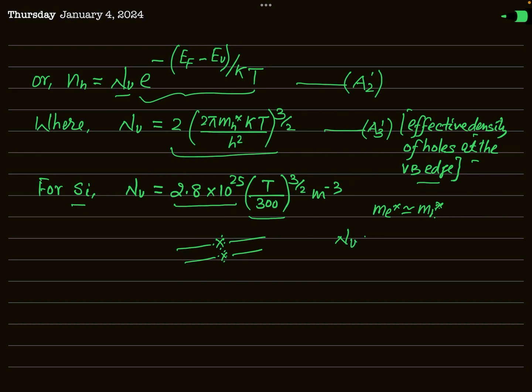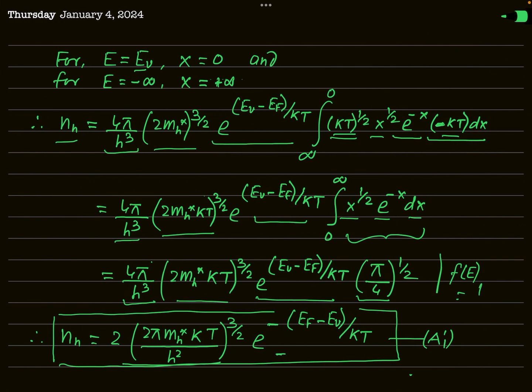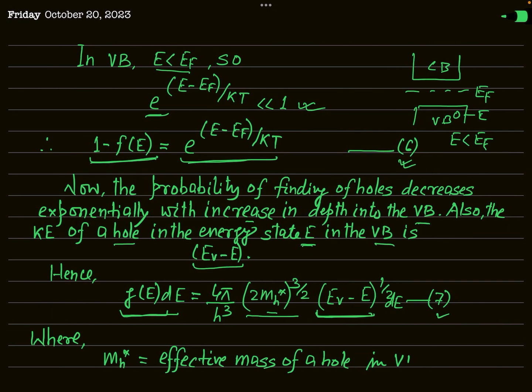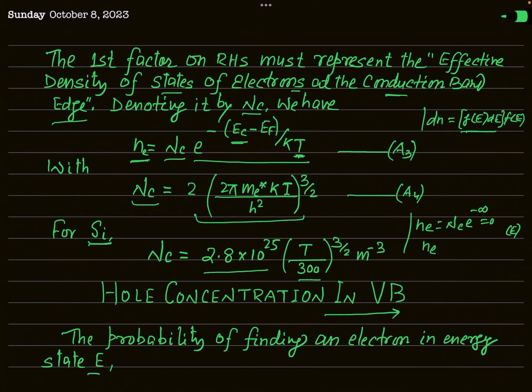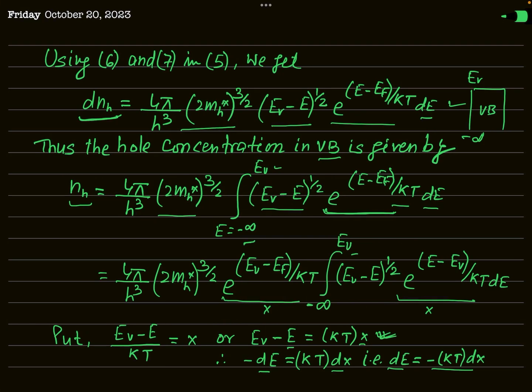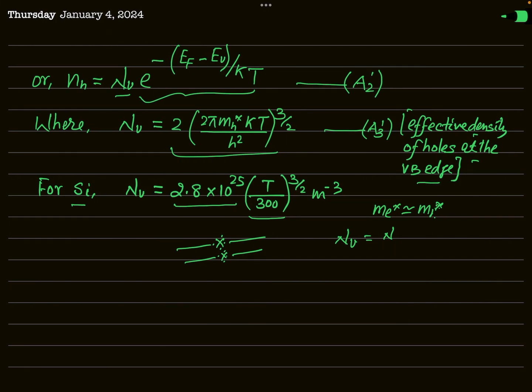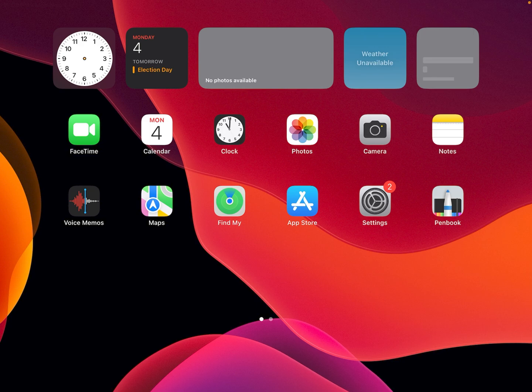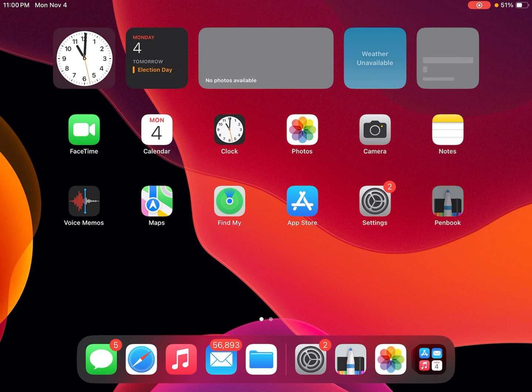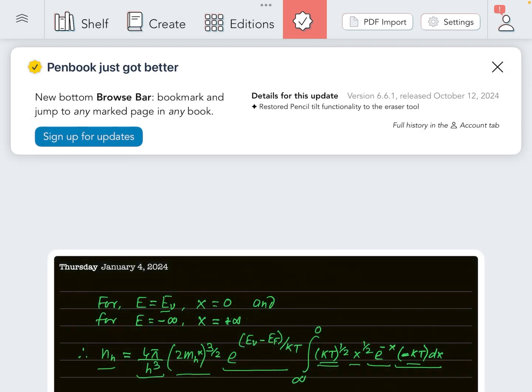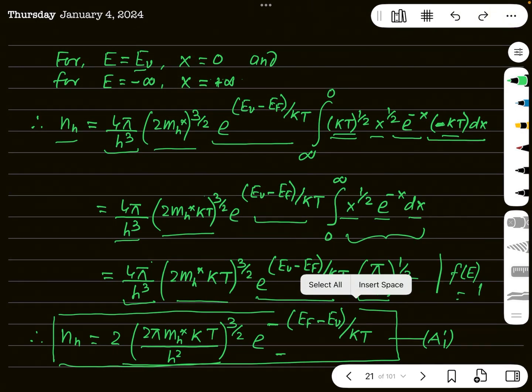The value of NV and the value of NC, which I considered earlier, are both equal.